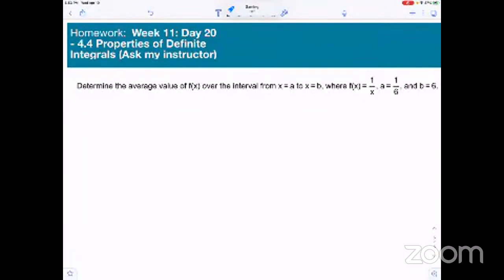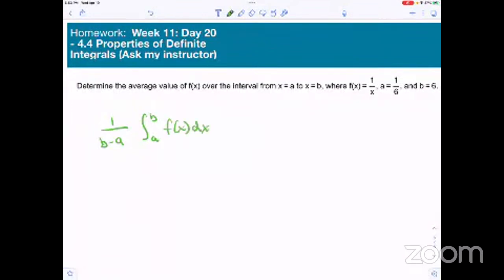So average value, I'll do this in green since it's a formula. 1/(b minus a) times the integral as x goes from a to b, f of x dx. I think that's it, right? I'm going to go with this for now, and we'll adjust if we need to.